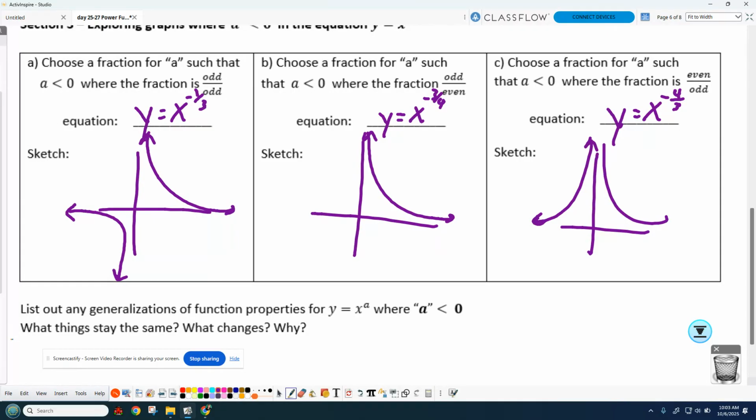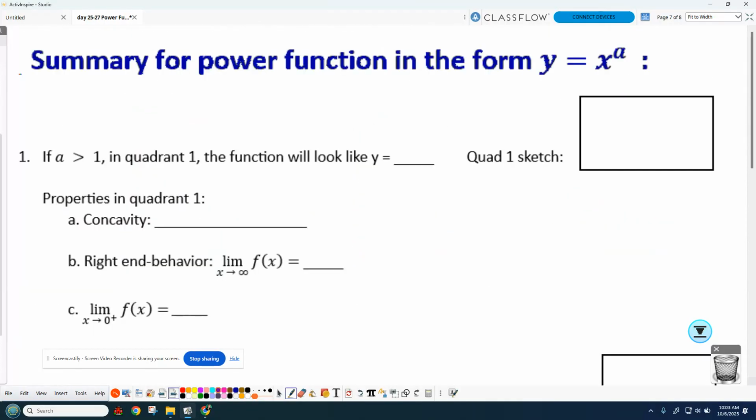Okay, so the summary's on the back page, and hopefully we can generalize what all these things are and what they do, so that you will do well tomorrow. We will try a few things. So if the exponent we put on that thing is bigger than 1, can you guys draw this in here?